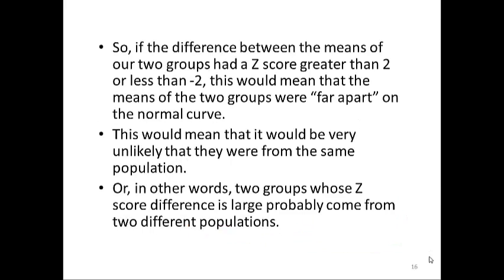So if the difference between the means of our two groups has a z-score greater than 2 or less than -2, this would mean that the means of our two groups are far apart on the normal curve. It would mean that it would be very unlikely they were from the same population, or the difference between the two groups is large enough that our study impact made a difference.